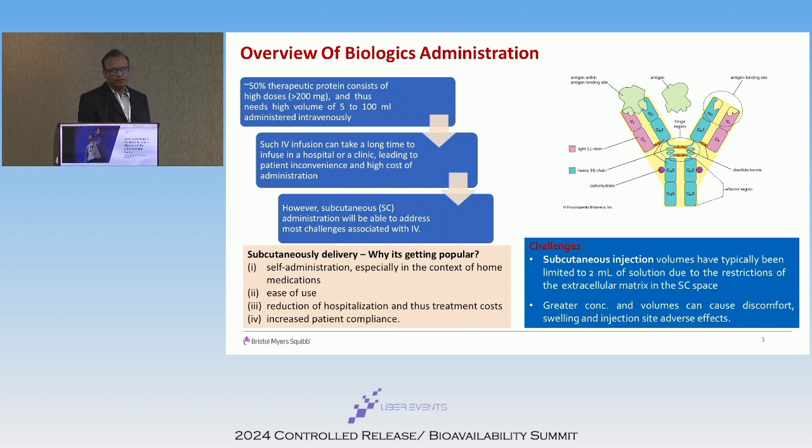It's also more patient-friendly and also well considered by healthcare practitioners. But the challenge is that generally for subcutaneous administrations the max volume is 1 to 2 ml. So that was being used so far. But now, as we are getting more high-dose drugs, let's see how we'll take care of the challenges.